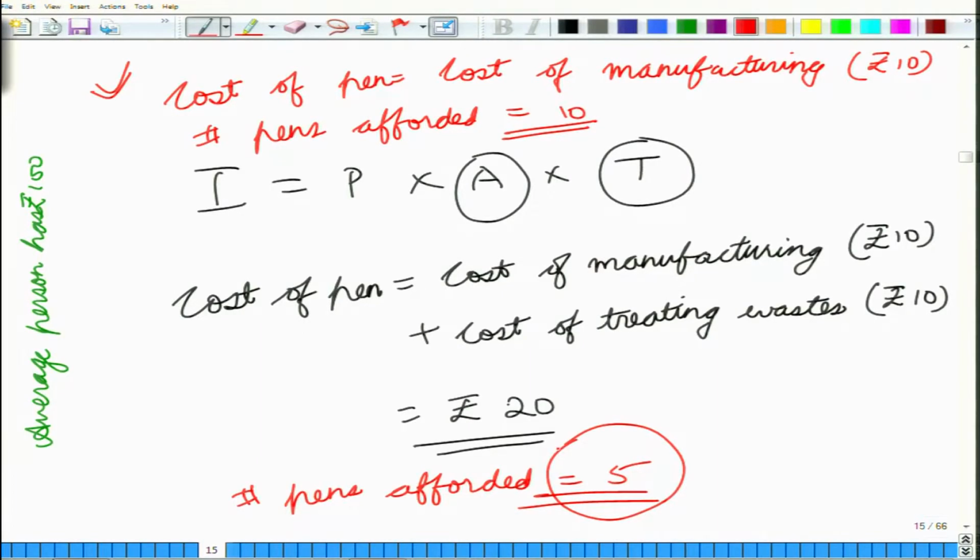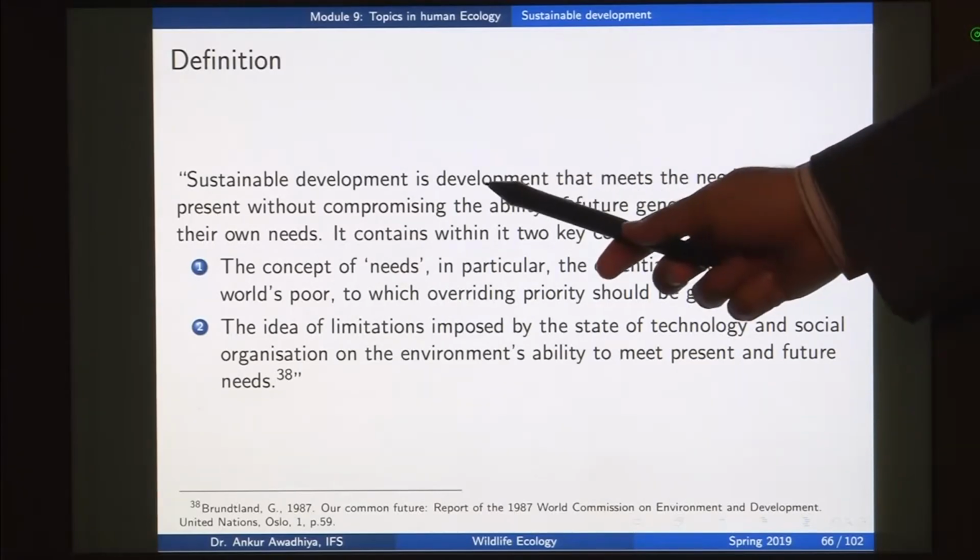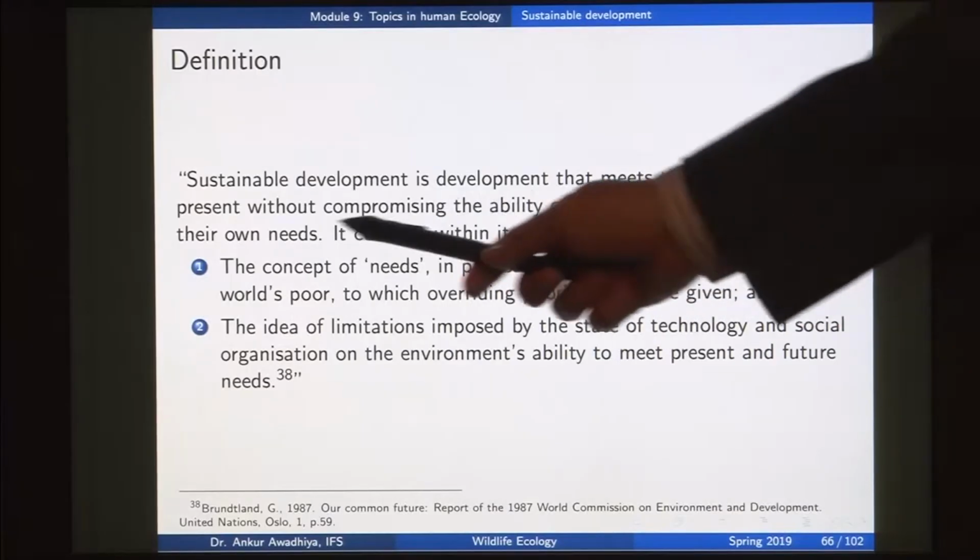So, you will have less resources for yourself if you are saving these resources for posterity or for the future generations. And herein comes the topic of sustainability. Sustainable development is defined as development that meets the needs of the present without compromising the ability of the future generations to meet their own needs. So, essentially what you want is a development such that you are able to meet the needs of the present.